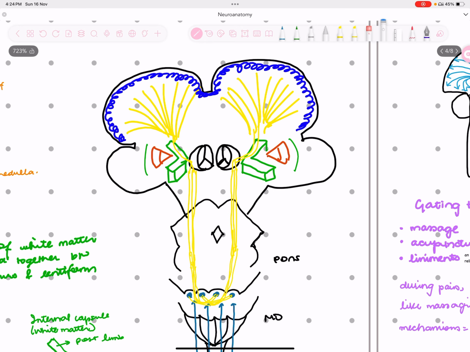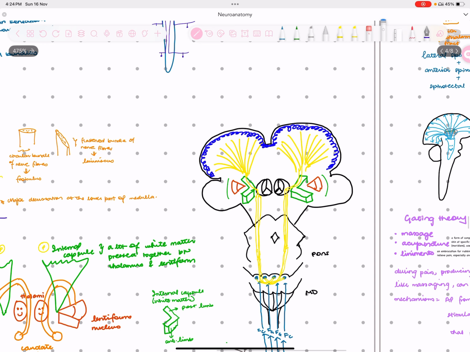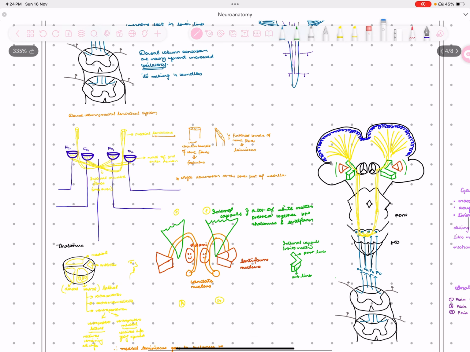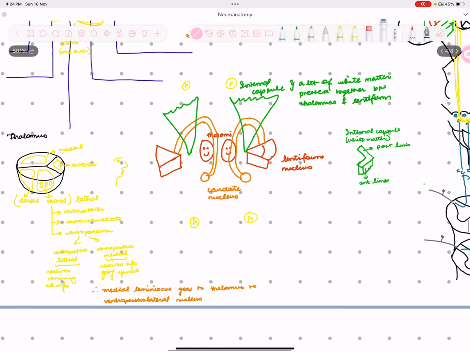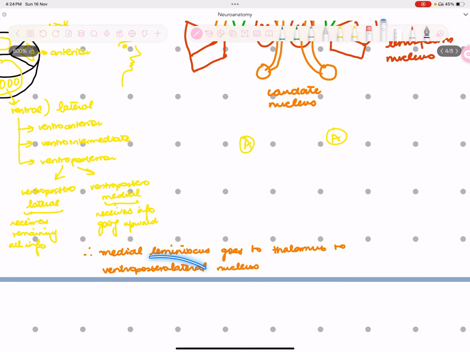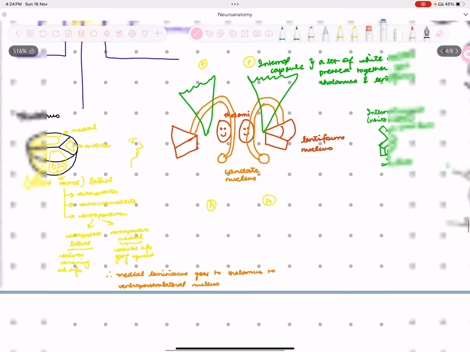So there we go, this is your not so complicated dorsal ascending tract system. This is also known as the medial, or dorsal, lemniscal system. The only confusing part here was the ventro-postero-lateral nucleus. It's a mouthful, but you need to know it.